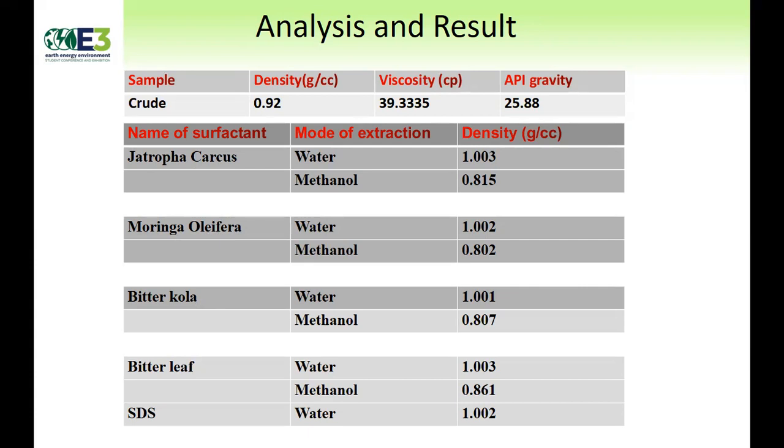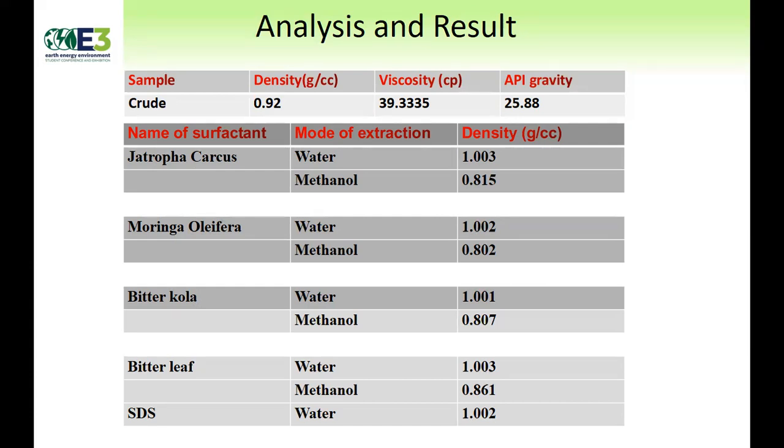This tells us that the crude found in the Niger Delta is basically light crude, ranging between medium and light. And also the surfactants we used, like I mentioned, the Jatropha curcas, the Moringa oleifera, the bitter leaf, and SDS, which is the conventional one.